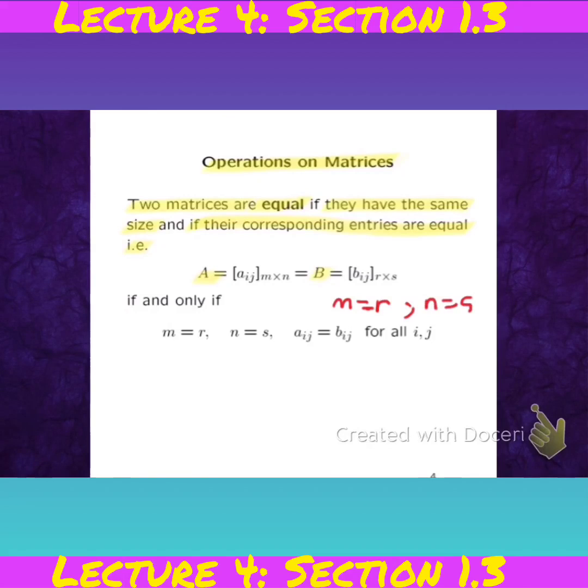So N must be equal to S, and also the entry in the ith row and the jth column of A needs to be exactly the same as the entry in the ith row and the jth column of B. And that has to be true for all indices I and J.